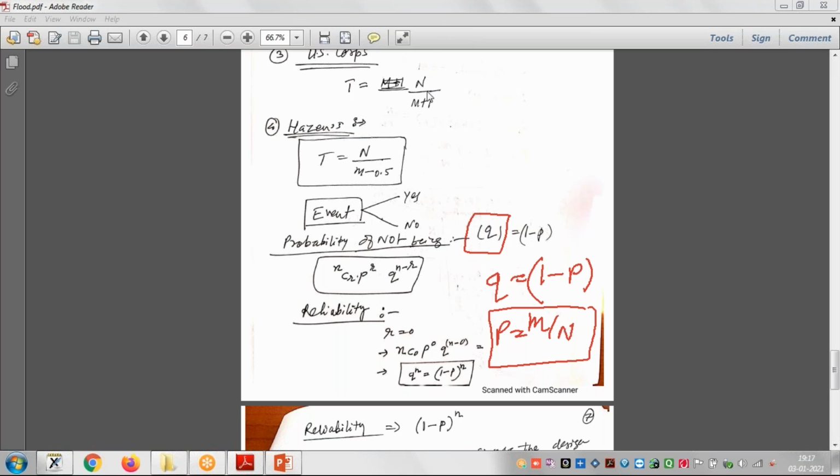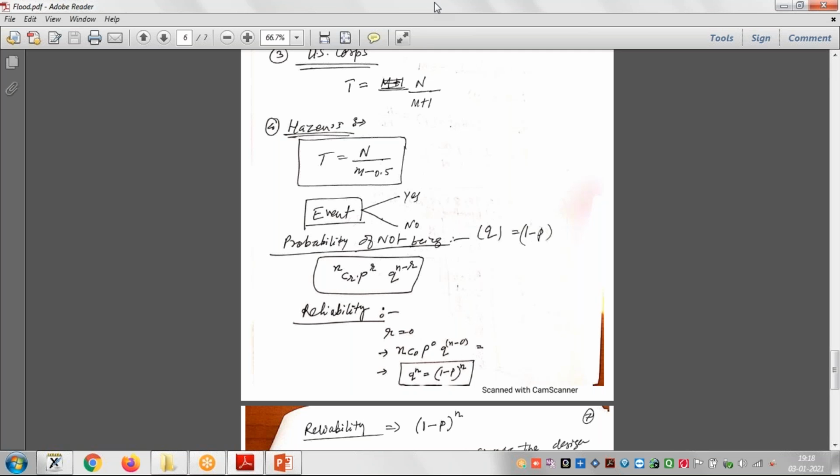So here there is also a formula: nCr p raised to the power r into q raised to the power n minus r. Just remember this formula, that is sufficient for you.